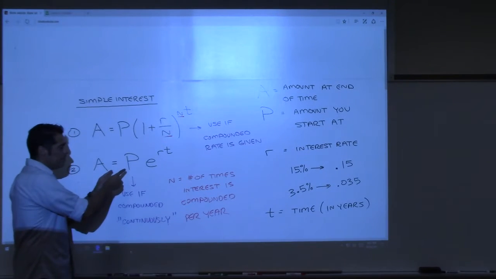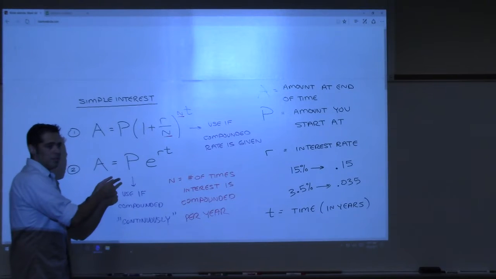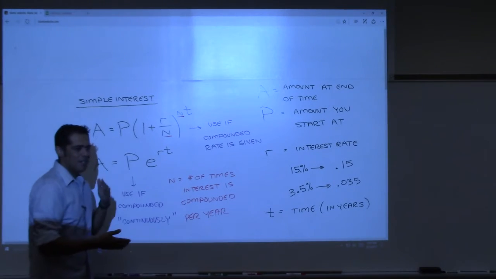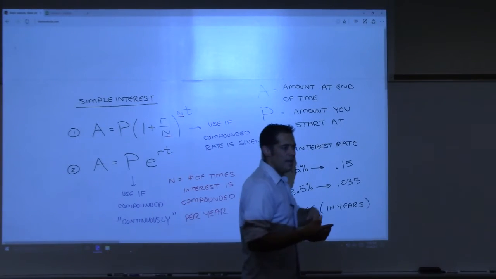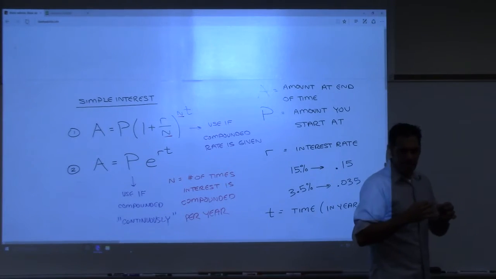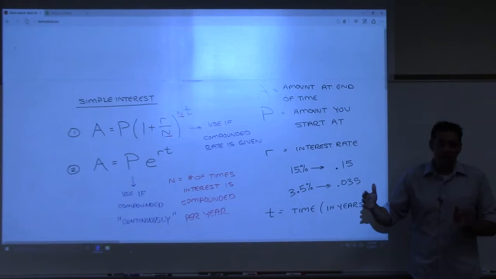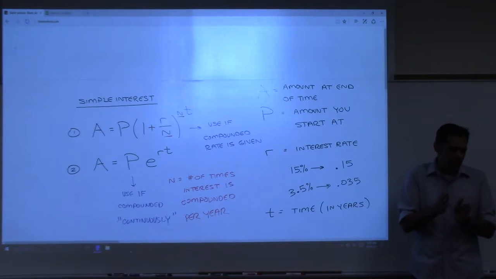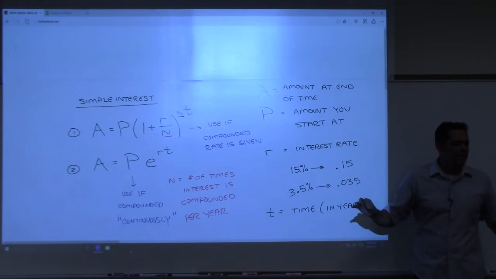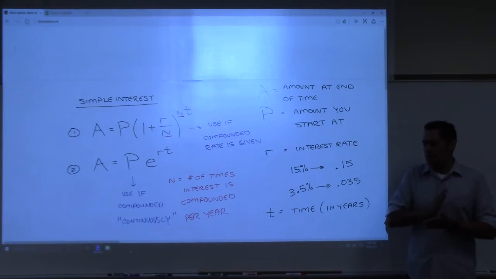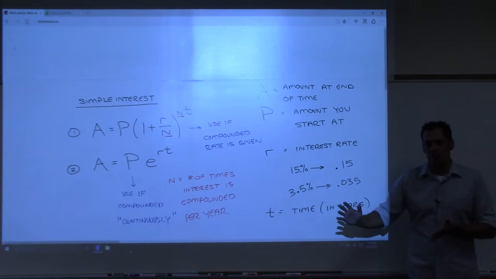This is the formula that banks use, and what it does is it's compounding your interest at every instant, all the time. It's not daily, it's not hourly, it's not every minute, it's not every second, it's at every instant. It's constantly compounding or calculating your interest.